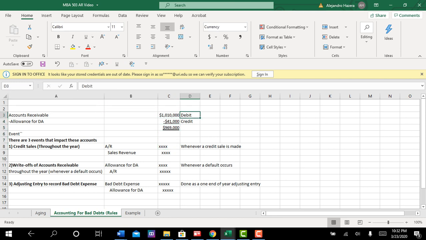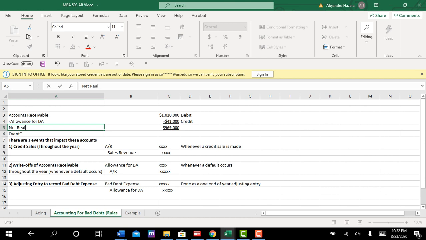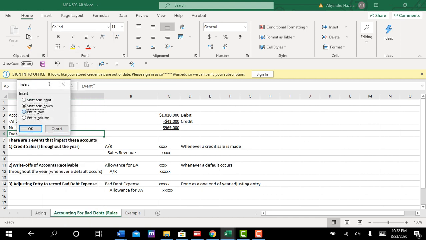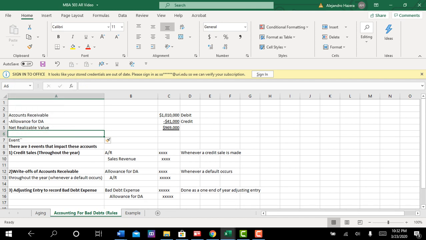This presentation of accounts receivable less the allowance for doubtful accounts and your net realizable value right here. I'll actually insert an entire row there to separate that out.